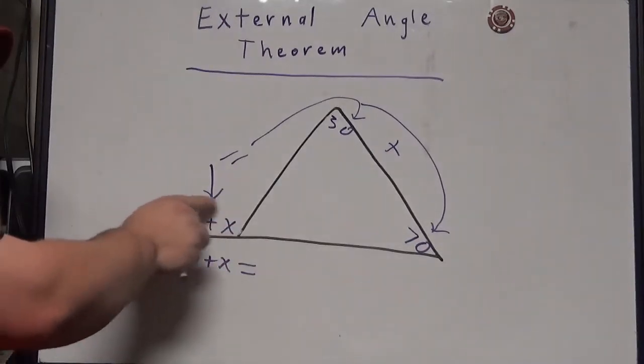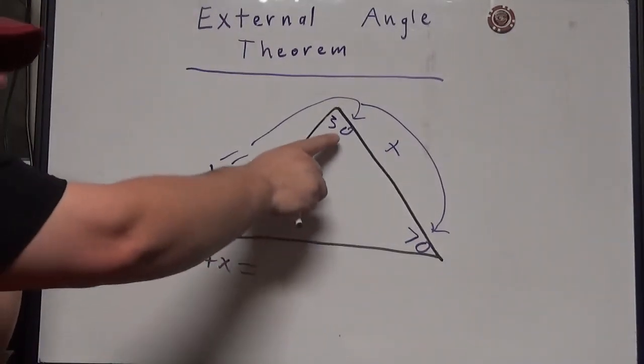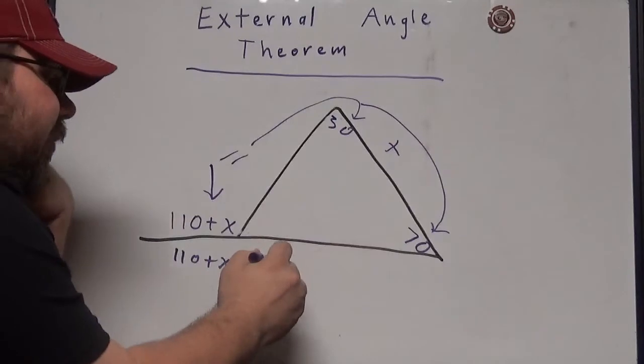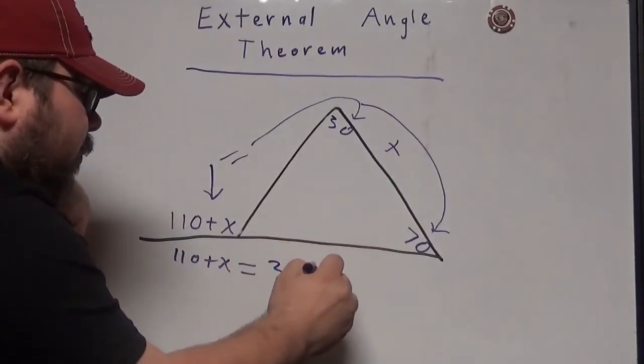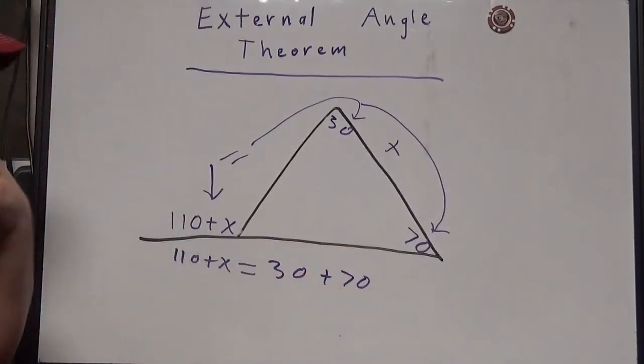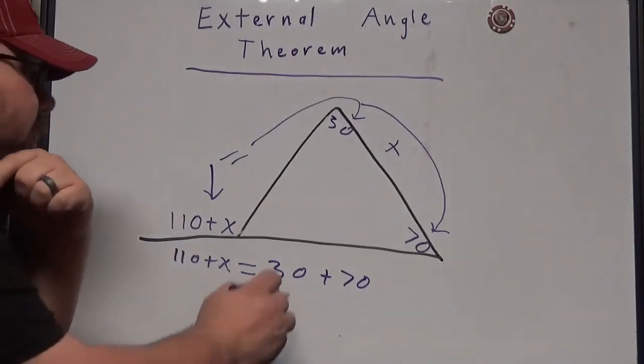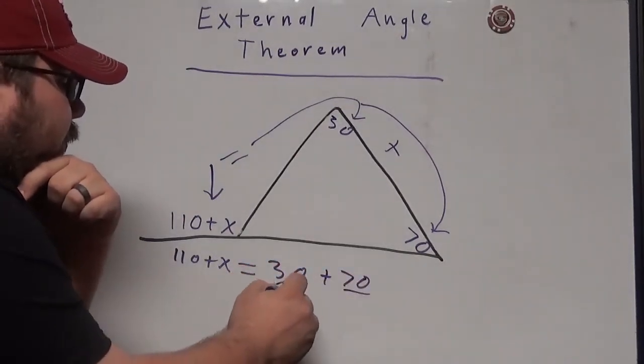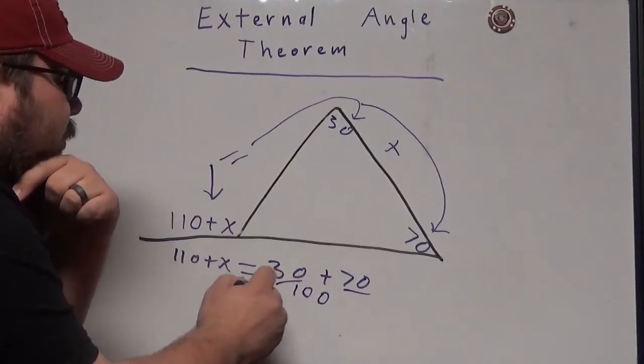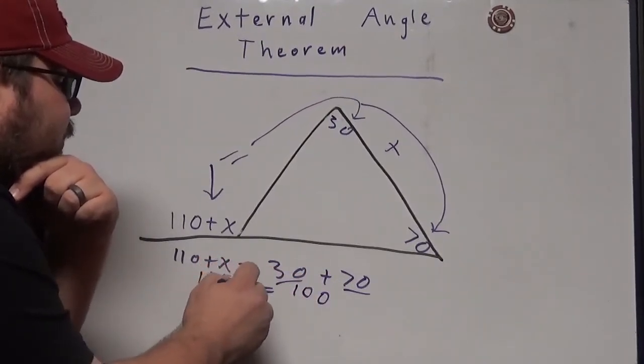So this goes on one side of the equal sign, and it equals 30 plus 70. This should be very simple. We combine like terms, and we have 100 equals 110 plus x.